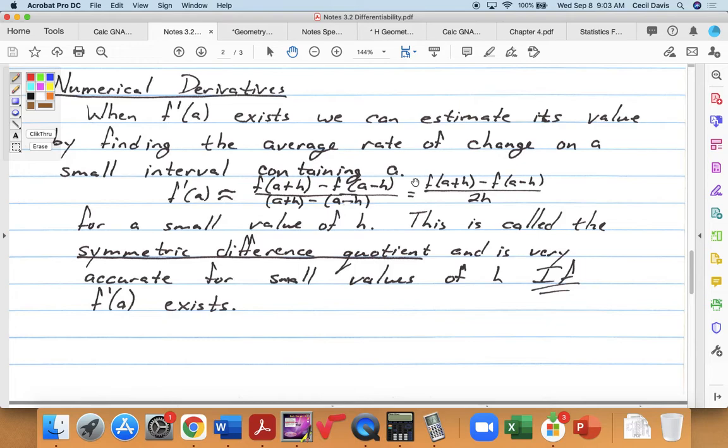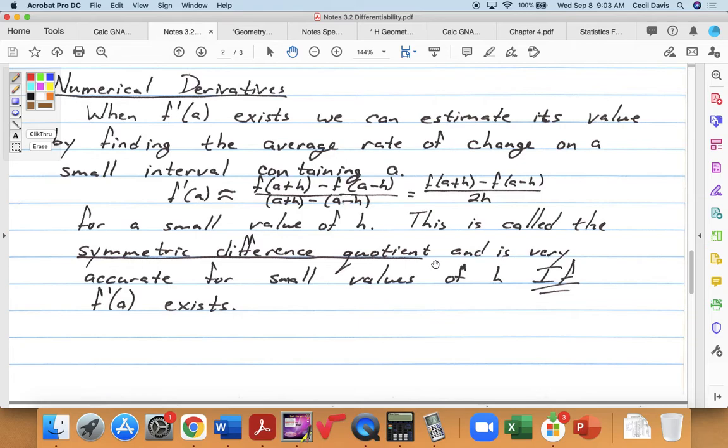Now, this particular one is an interval to either side, and it's symmetric. So we went plus h to one side, minus h to the other side. So we said we're going to do a really small interval, and we're going to go 0.01 to the right of A and 0.01 to the left of A, and find the slope.